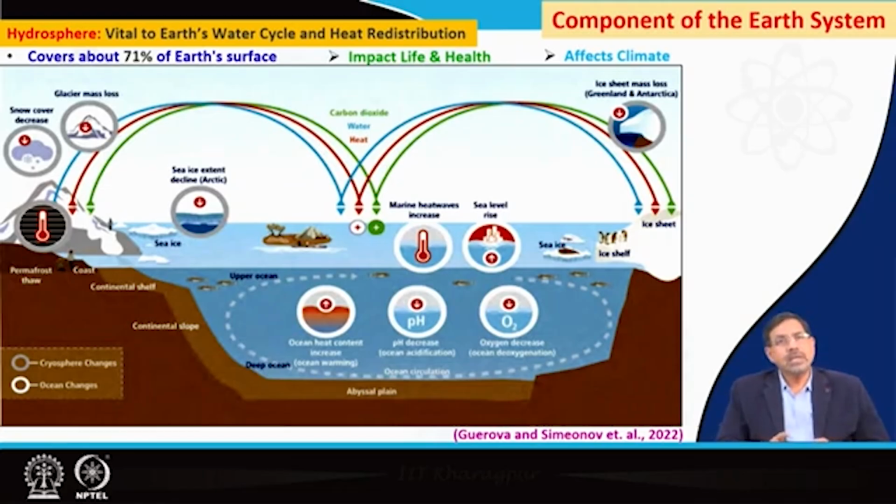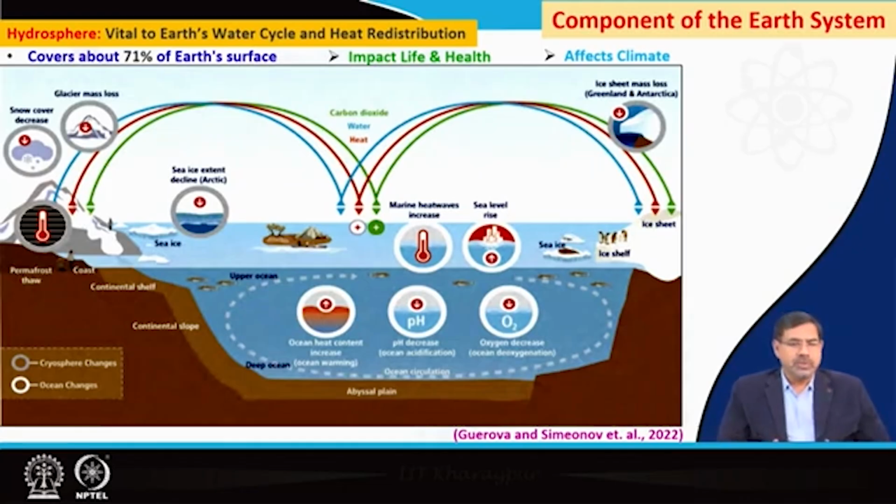So these are the three arrows which are shown there: the red arrow talks about the heat, the blue arrow talks about the water, and the green arrow represents the carbon dioxide.